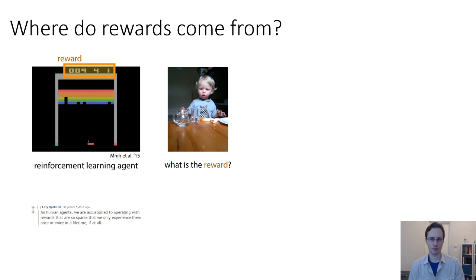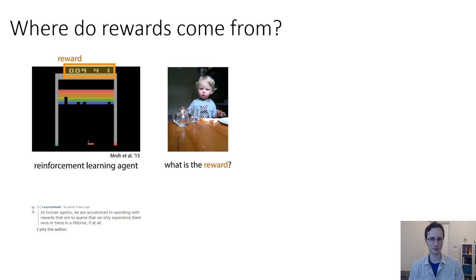There was a paper that some of my colleagues at the Berkeley AI Research Lab put out a few years back, and in their paper they had this comment at the end: as human agents, we're accustomed to operating with rewards that are so sparse that we only experience them once or twice in a lifetime, if at all. And of course, somebody on Reddit responded to this by saying, I pity the author.